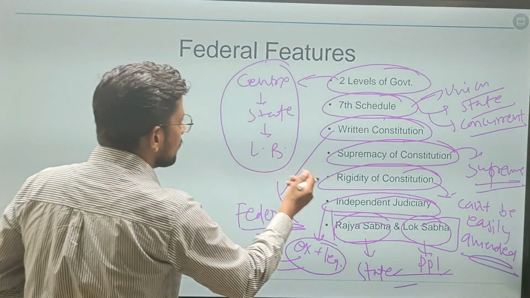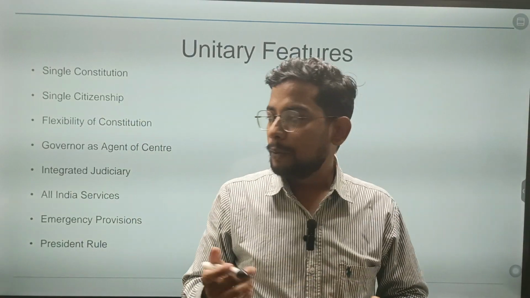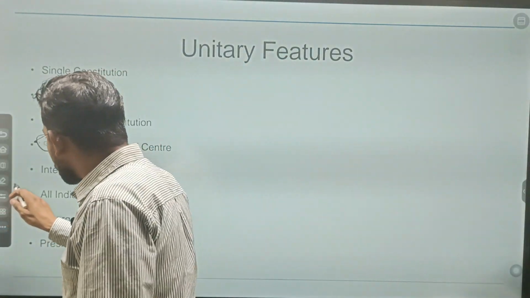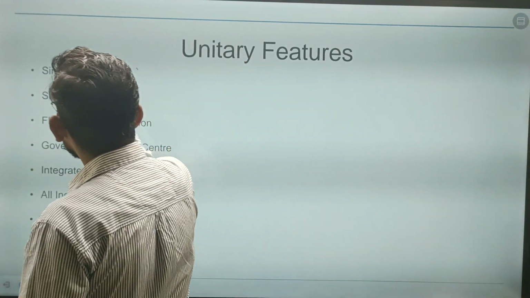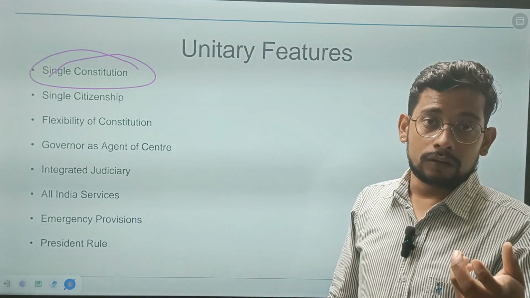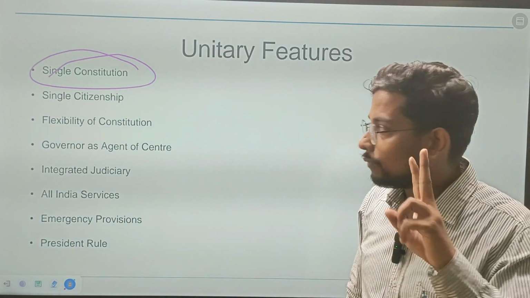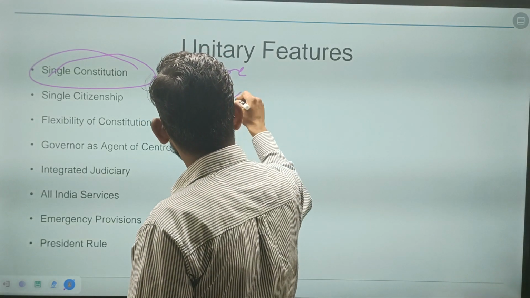But there are some provisions which make our constitution unitary. Because of them, there is a question over the federal features of the Indian constitution. For example, India has a single constitution, but most of the federal constitutions of the world have two constitutions, one for the center and another for the state.